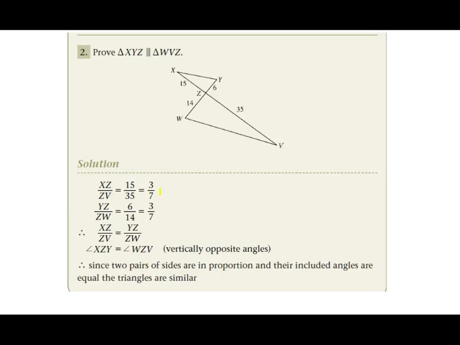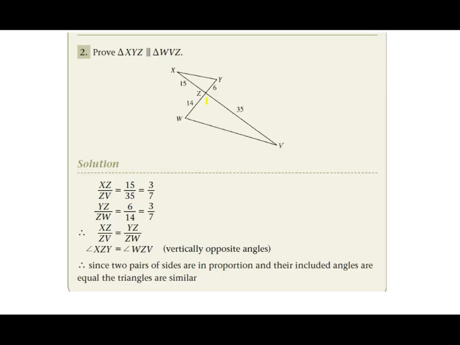The other pair of corresponding sides here are YZ over ZW, 6 over 14, which simplifies down to 3/7. So those two sides there are in proportion. And the third point here is that these two angles here are vertically opposite angles, so they're the same size.